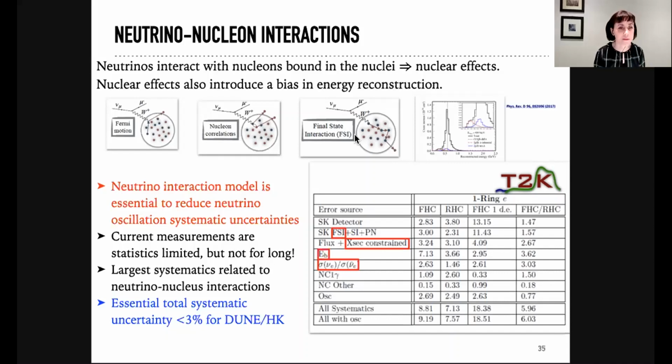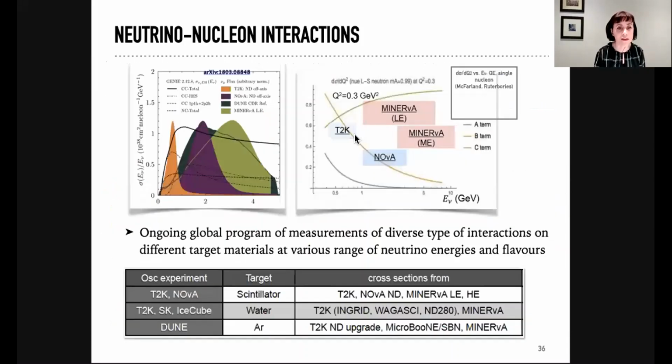You need to make assumptions, and there is modeling, and those models need to be tested. There aren't enough measurements. So there is a campaign of trying to address also what happens when you look at specific interactions of the neutrinos with specific detectors, with specific targets.